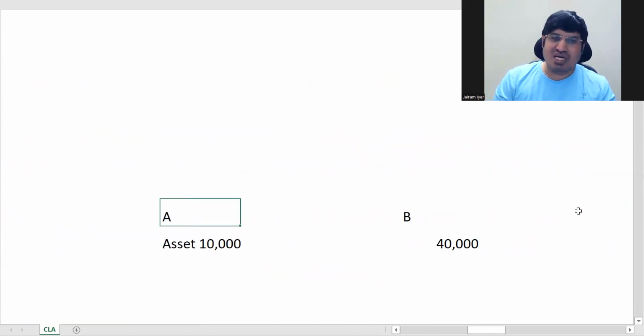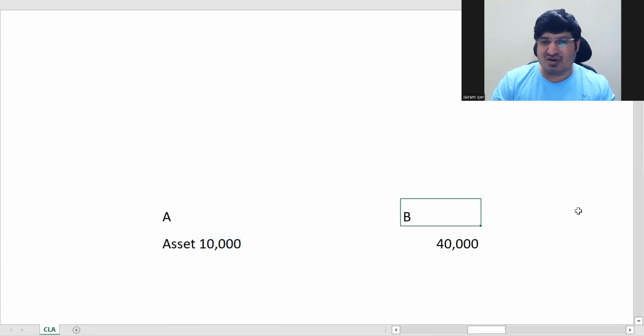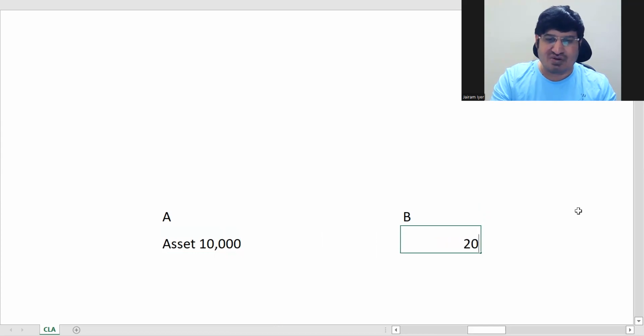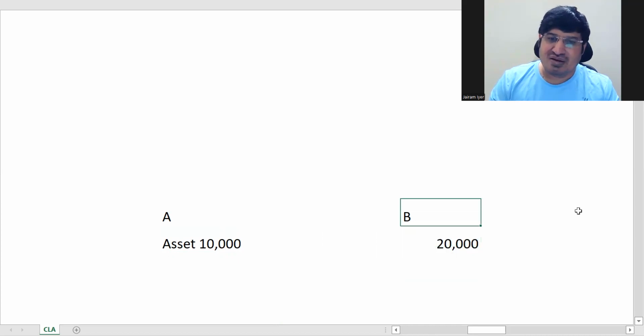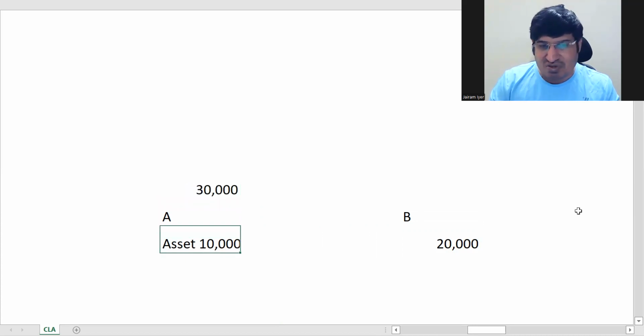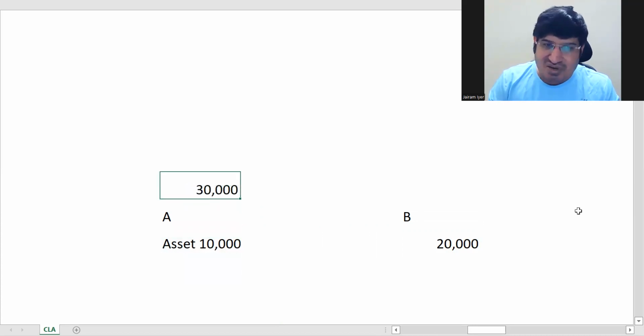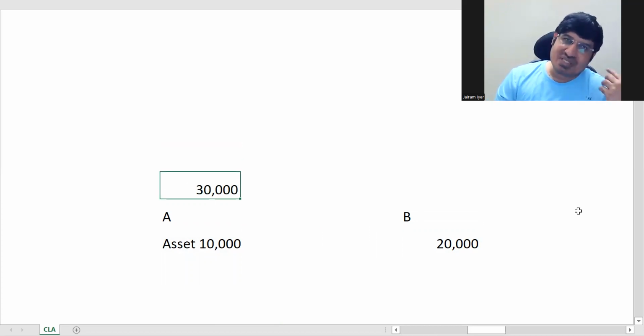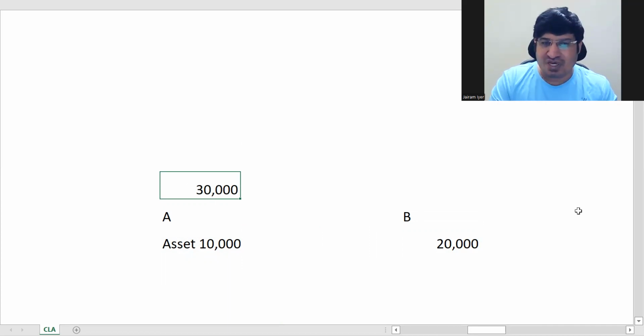Let us say he sold this asset to B for 20,000, to make it look realistic, and then B sold it back to him for 30,000. What has happened? Within a week, the asset which was 10,000 is now in his books as 30,000. Correct? He'll get more depreciation, and more depreciation means his profit will be less.